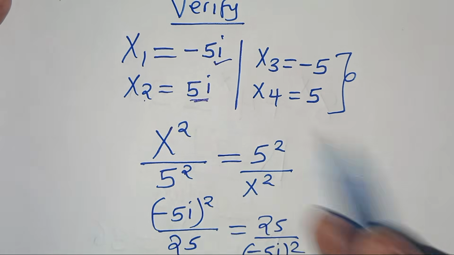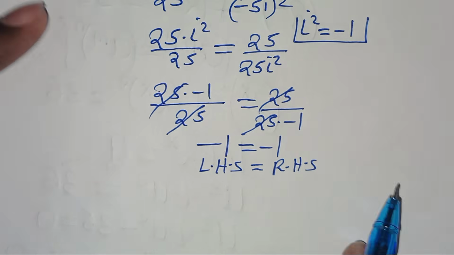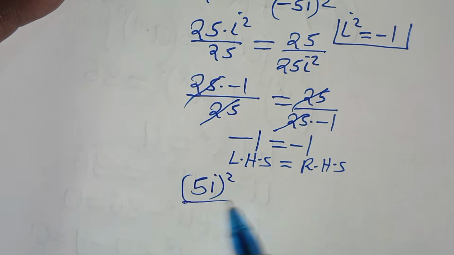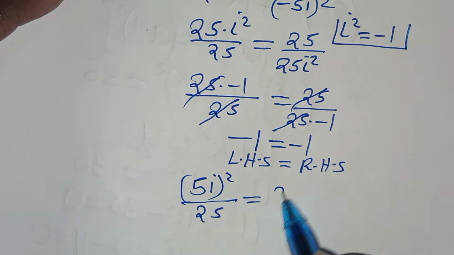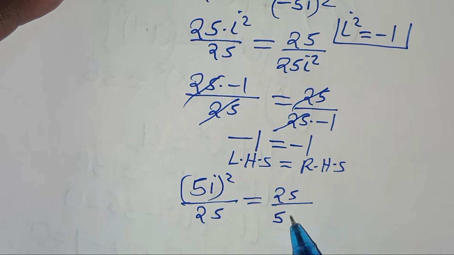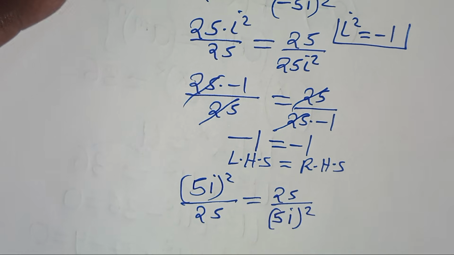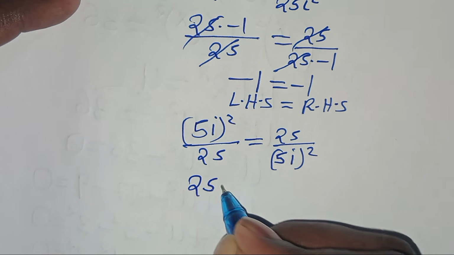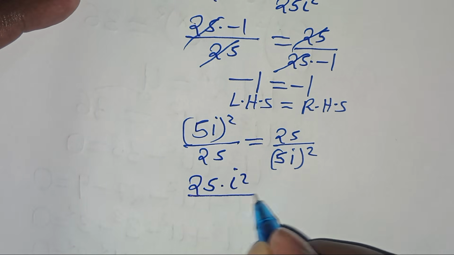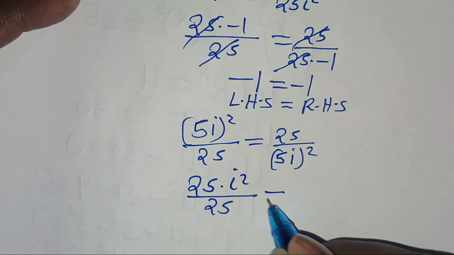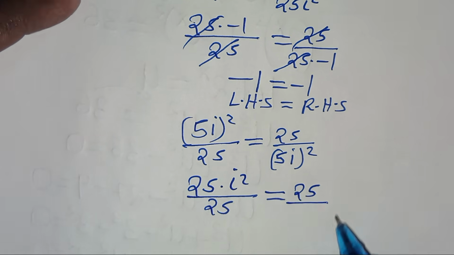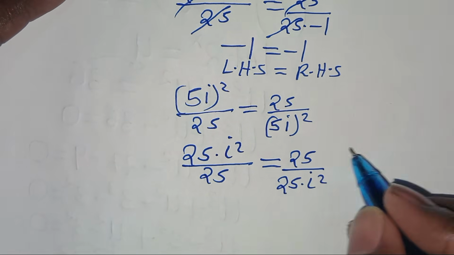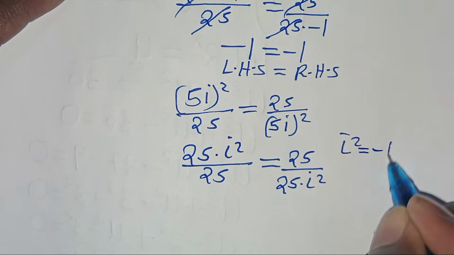Let's check x2, which is 5i. Now we have 5i raised to the power of 2 divided by 25 is equal to 25 divided by 5i to the power of 2. So 5i squared is 25 multiplied by i squared, divided by 25, which is equal to 25 divided by 25 multiplied by i squared. I squared is equal to negative 1.